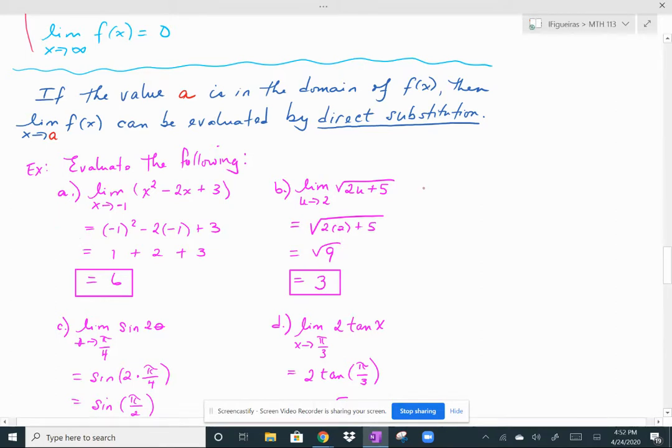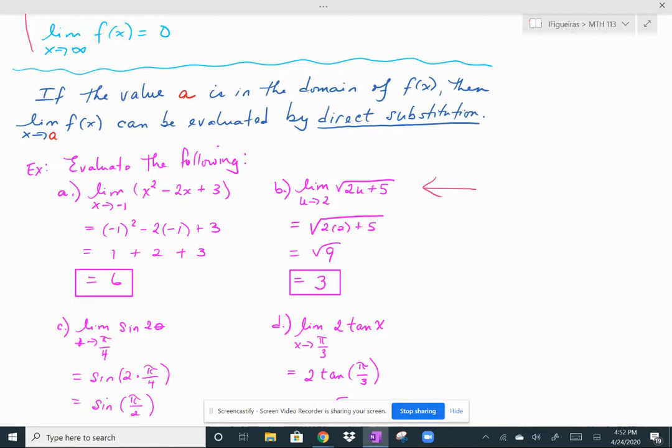Now let's look at part B. I want to evaluate the limit as u approaches 2 of the square root of 2u plus 5. Now, radicals do have restrictions on the domain, but as long as the value of u does not result in a negative inside of the radical, then you have a real number result, and therefore it's in the domain. So 2 works.